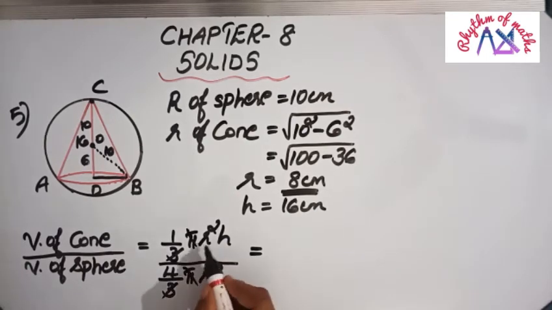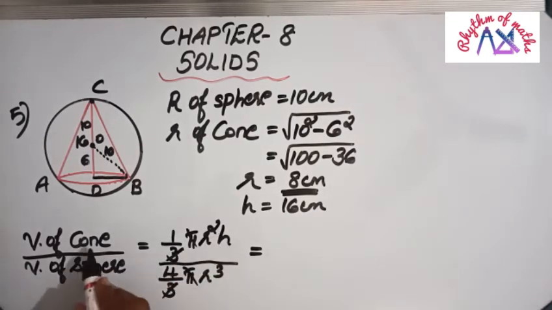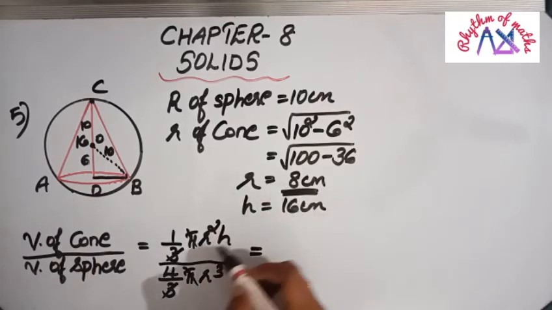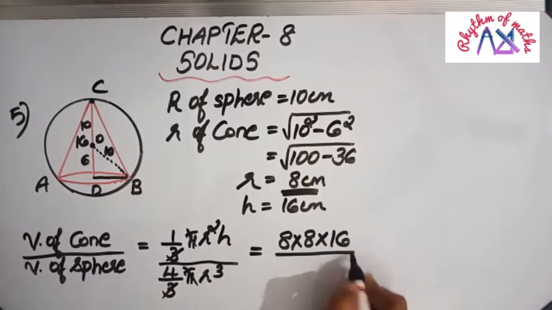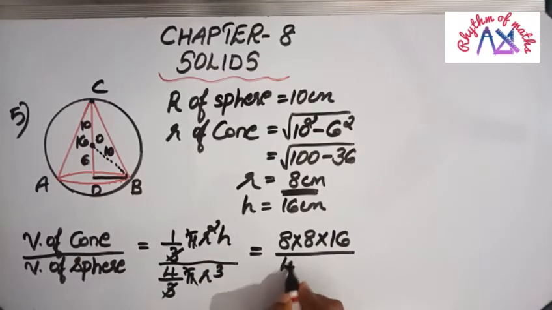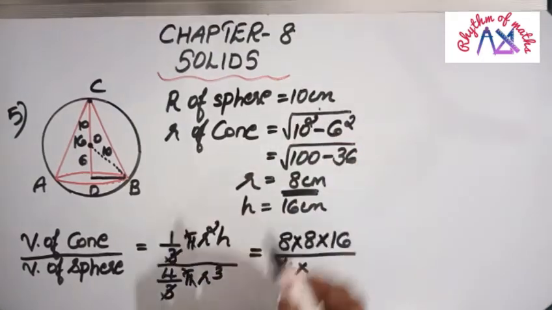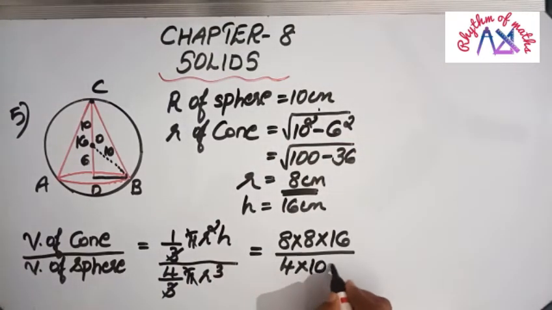Now let's apply the values. R square, that is cone's radius, so here 8 is the radius. So 8 into 8 into height 16, divided by 4 into r cube, that is radius of sphere. What is radius of sphere? It is 10. So 10 cube, that is 10 into 10 into 10.